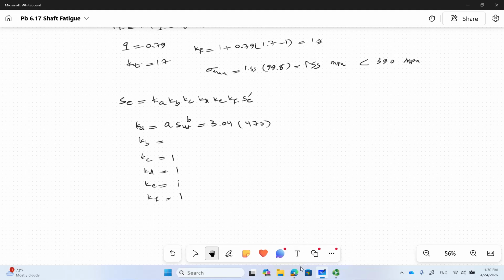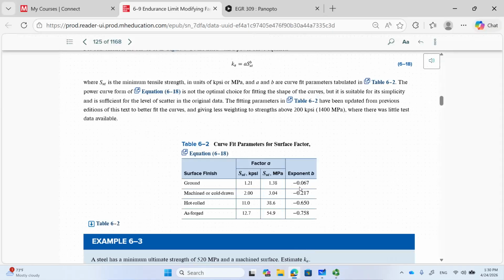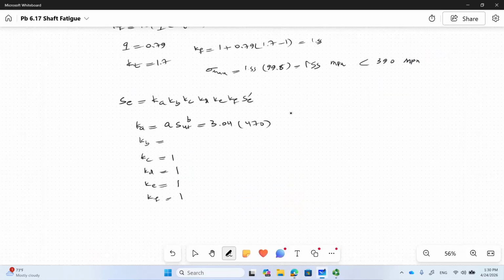And then to the power b, which is negative 0.217. Then we find Ka comes out 0.7999, but let's say it's 0.8.